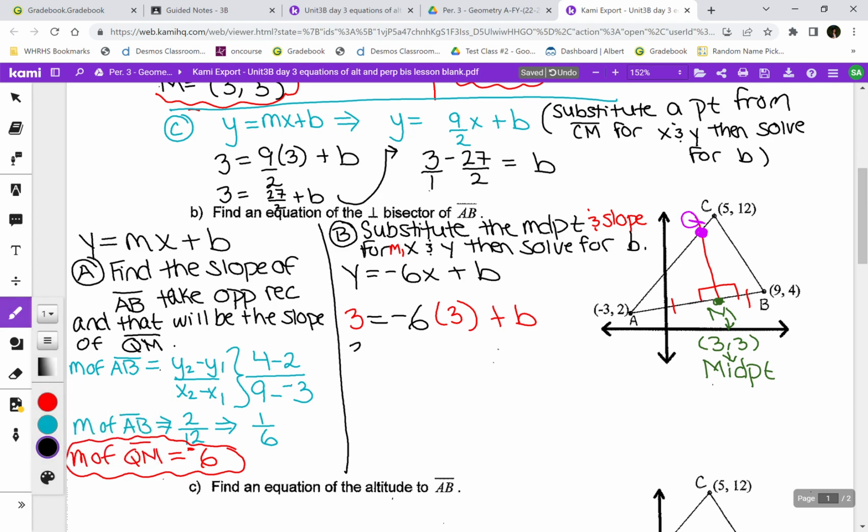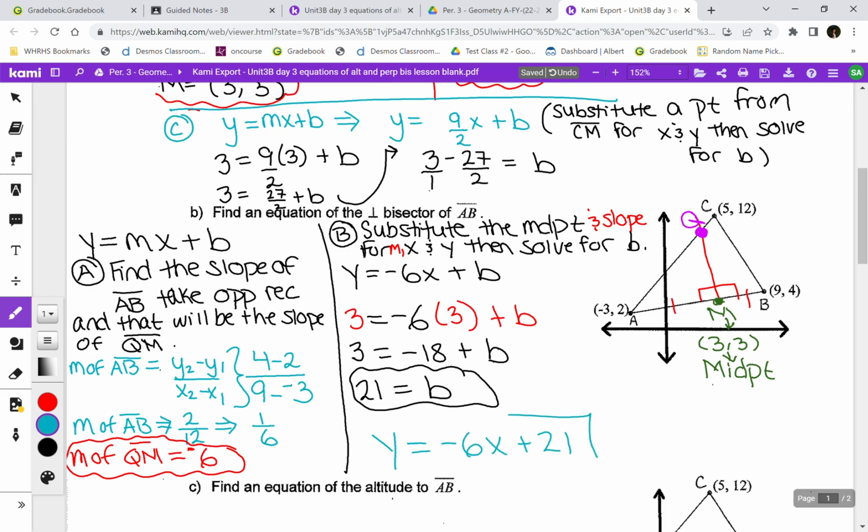So now we're going to have 3 is equal to negative 18 plus b. Can I just add that 18 over? So we're going to have 21 is equal to b. All right, what's our final equation? y equals -6x. You got it.